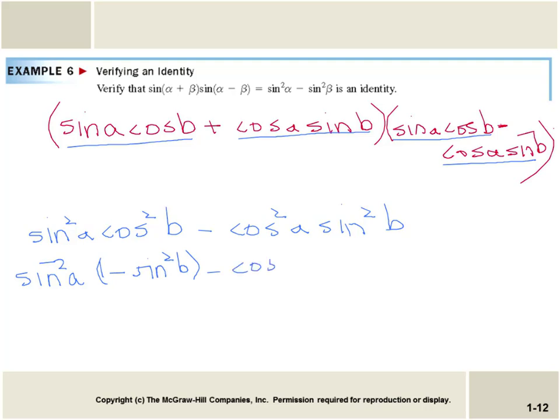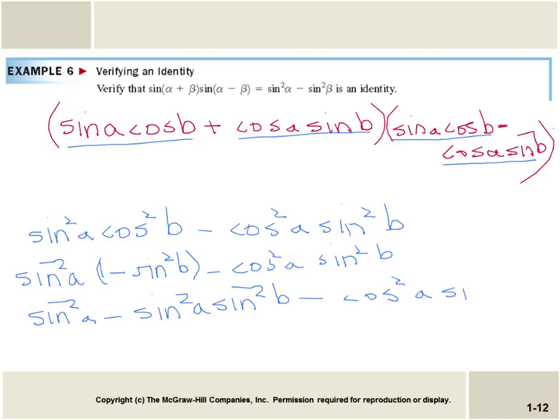Okay, so cosine squared A sine squared B. So now I'll distribute, and I get sine squared A minus sine squared A sine squared B minus cosine squared A sine squared B, right?